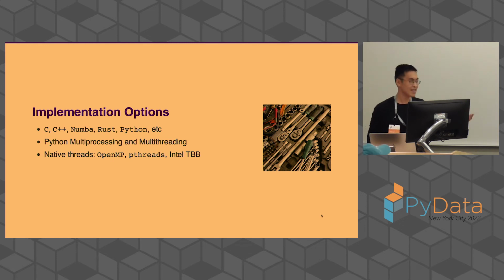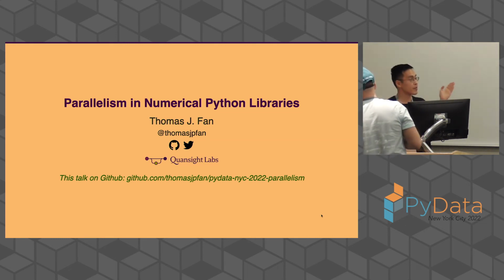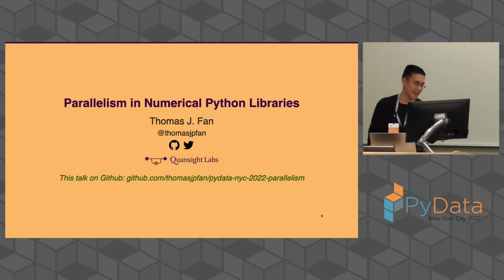So that's the implementation. Okay, so that's a very fast overview of parallelism in numerical Python libraries. All the material is available on GitHub, and I hope everyone now gets a good glimpse of how all these libraries try to run faster on your machines. Thank you for coming to my talk.